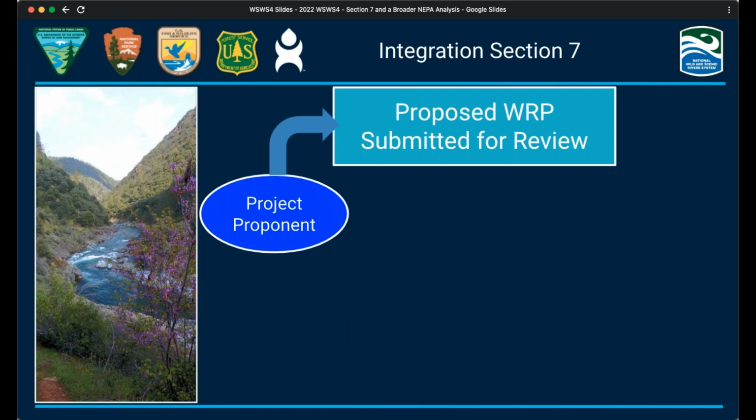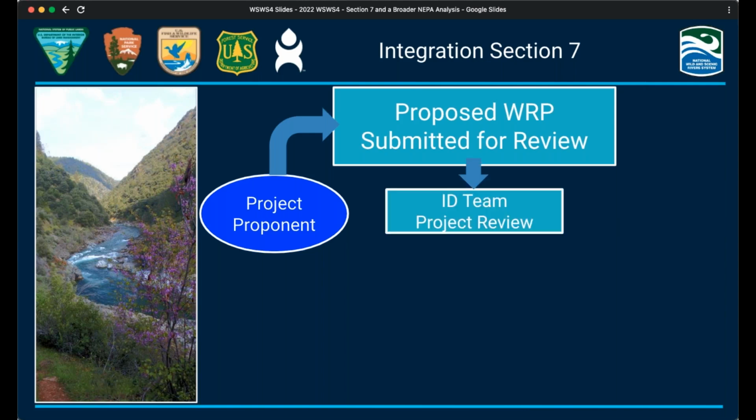The project might also be proposed by a private landowner requiring a federal permit, such as a Section 404 from the U.S. Army Corps of Engineers. So that would be something like that bank stabilization project that we saw in Dave's example on the Santa Frietta River.